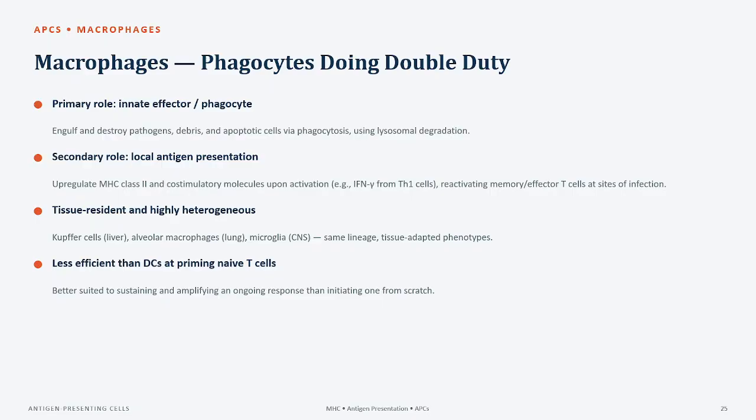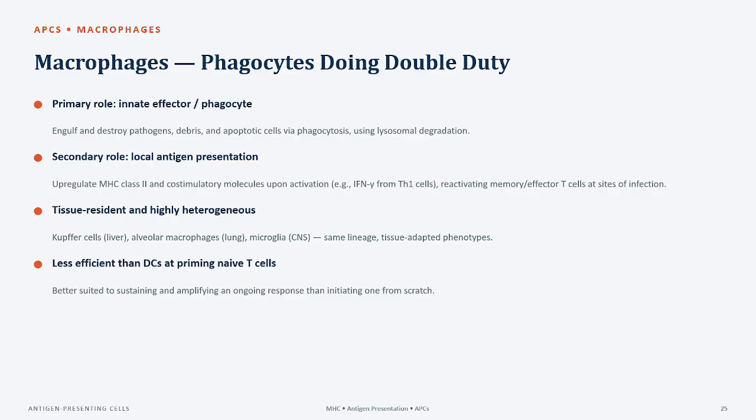The macrophages have a somewhat different role. They are phagocytes doing double duty. The primary role is to engulf and destroy pathogens, debris, and apoptotic cells via phagocytosis using lysosomal degradation. They also play a major role in local antigen presentation by upregulating MHC class 2 and co-stimulatory molecules upon activation, reactivating the memory effector T cells at the site of infection.